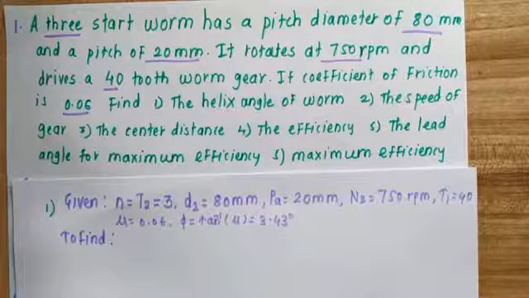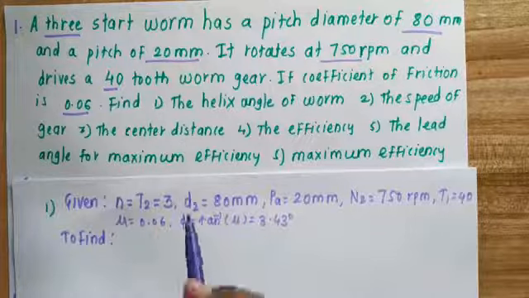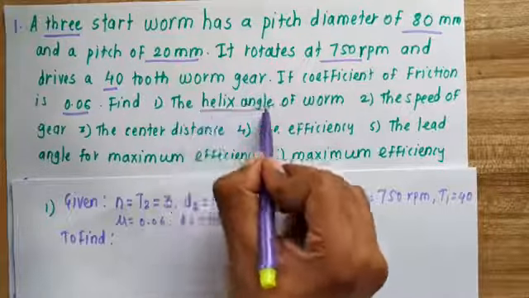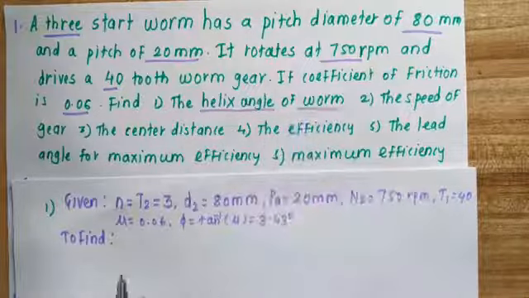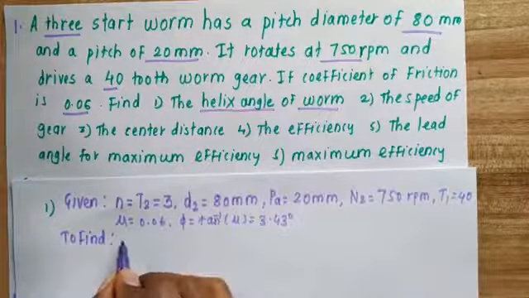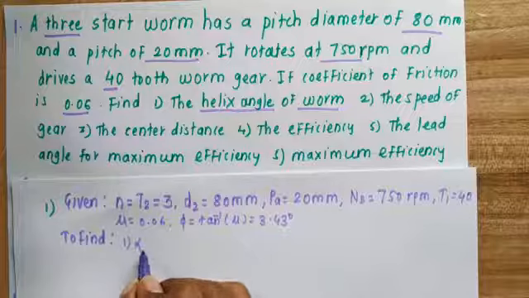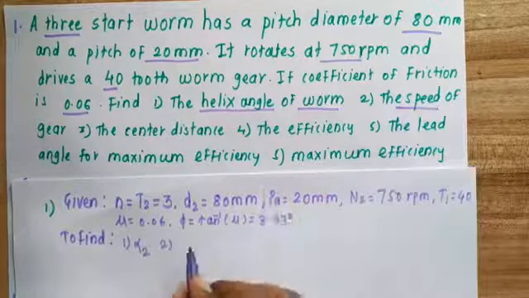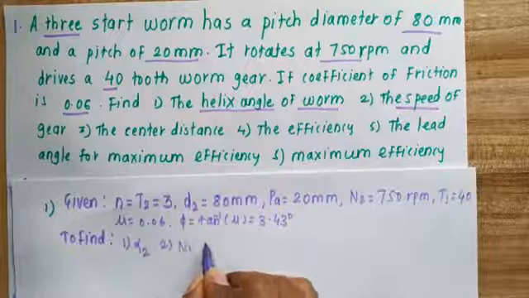These are the given data, and from this we have to find out, first, the helix angle of the worm. We have to find it for the worm, so the helix angle notation is alpha. So first we have to find alpha 2. Second, the speed of the gear, so for the gear it is n1.